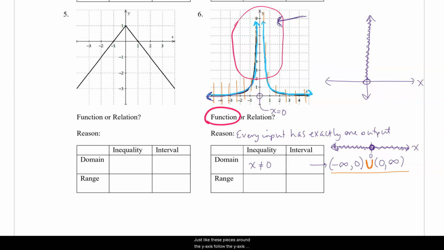Just like these pieces around the y-axis follow the y-axis and never cross it, these pieces near the x-axis follow the x-axis and never cross it. So for our range, y is strictly greater than 0. And we can create an interval: that's 0 to infinity. We never go less than 0.